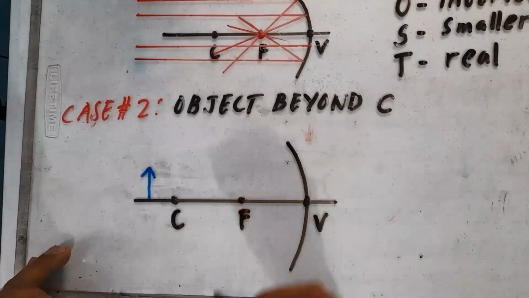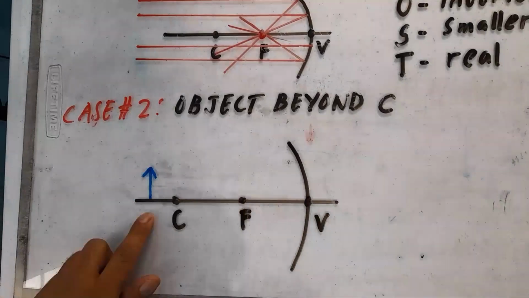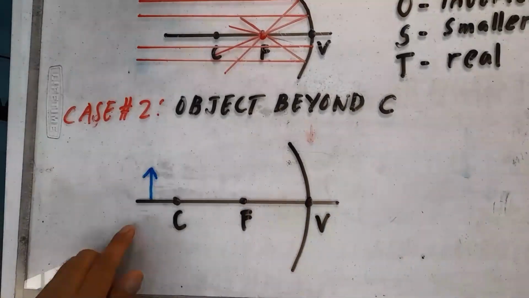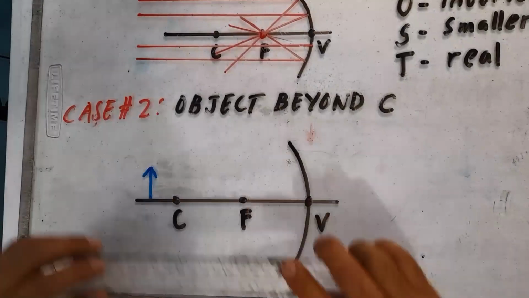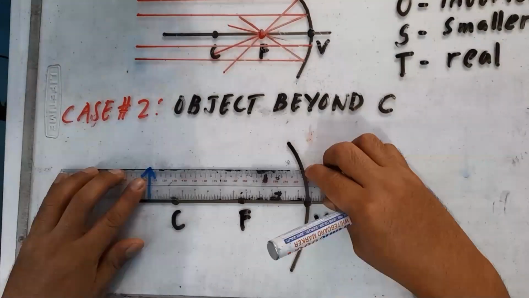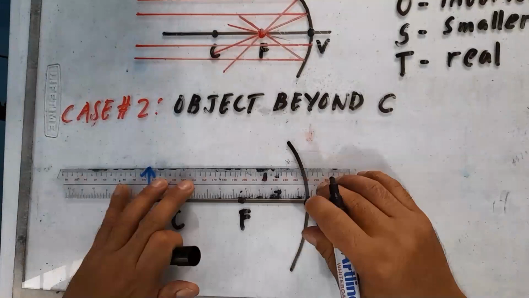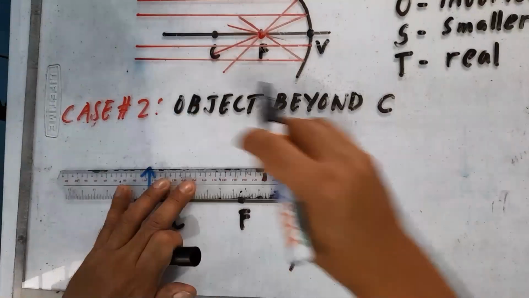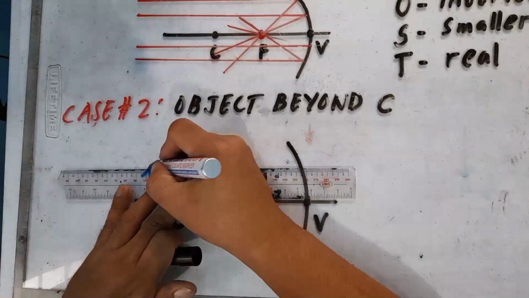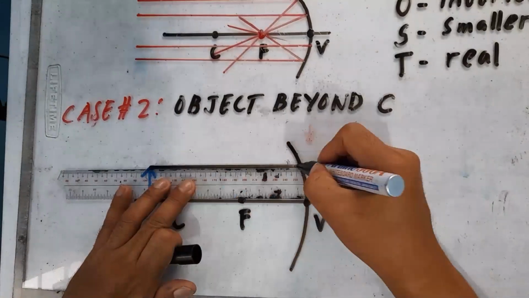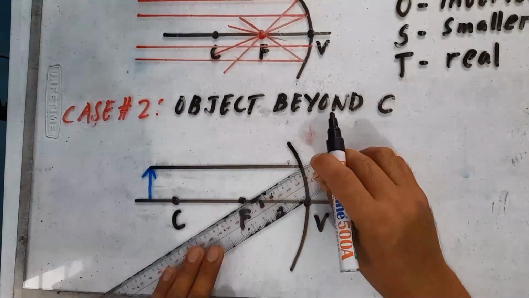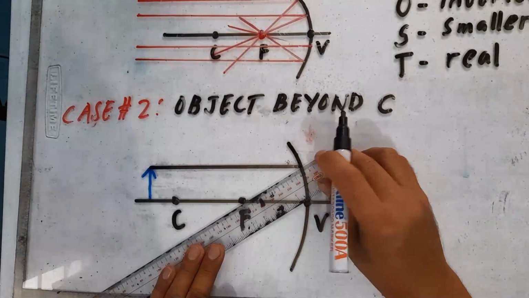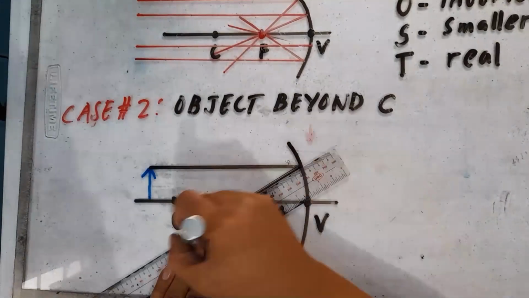Suppose this arrow here is our object. Now we can do the 3 light rays. The first light ray is a ray parallel to the principal axis. From the top of the object, we will draw a parallel line, and when it hits the mirror, it will be reflected passing through the focus.